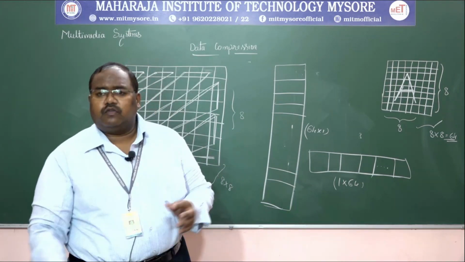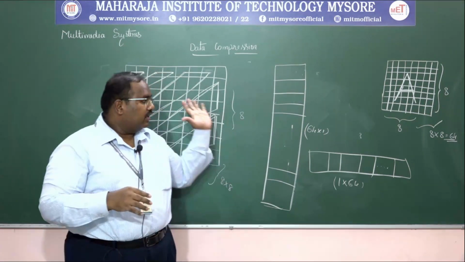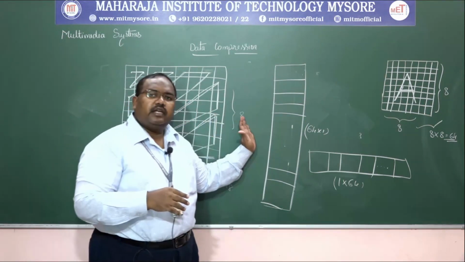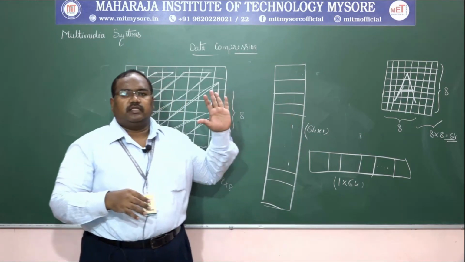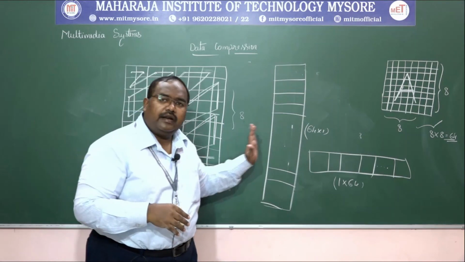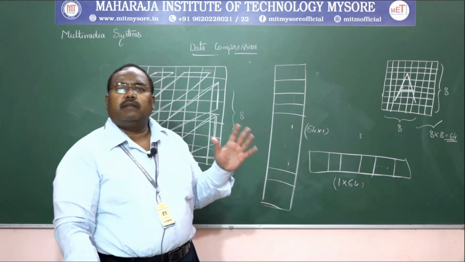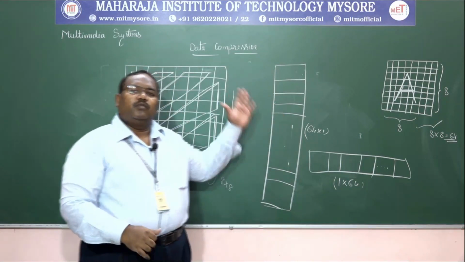Therefore the total compressed data is written here, into a one dimensional form. The overall two dimensional data is compressed and represented in one dimension. That represents the end of the process.